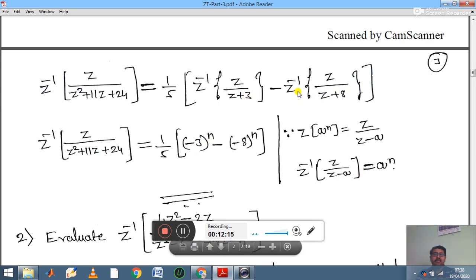In the same way, the z inverse of z by z minus of minus 8 is minus 8 power n. Therefore the inverse z transform of z by z square plus 11z plus 24 is 1 by 5 into minus 3 power n minus minus 8 power n, which is the inverse z transform of the given expression.